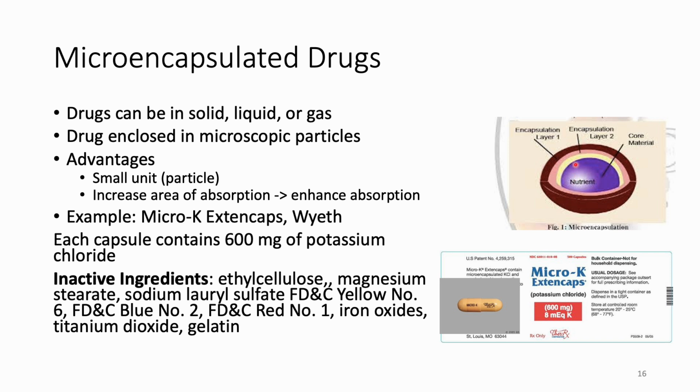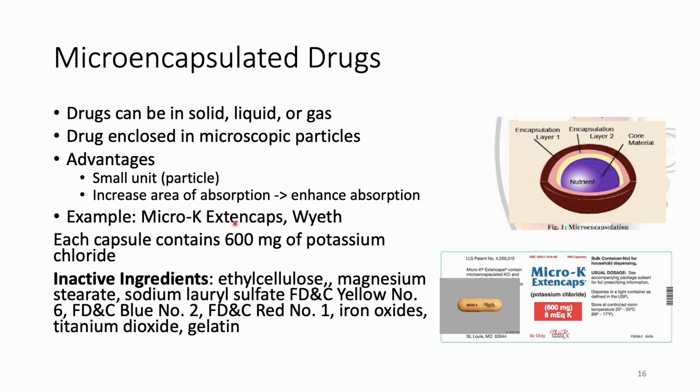So the drug is like a core in the particle, and the outside has different layers, and the layers have different functions. They control the release of the drug. An advantage of this kind of encapsulated drug is that the particle is small. Because it is small, it has large absorption. It enhances the absorption of the drug from the particle.